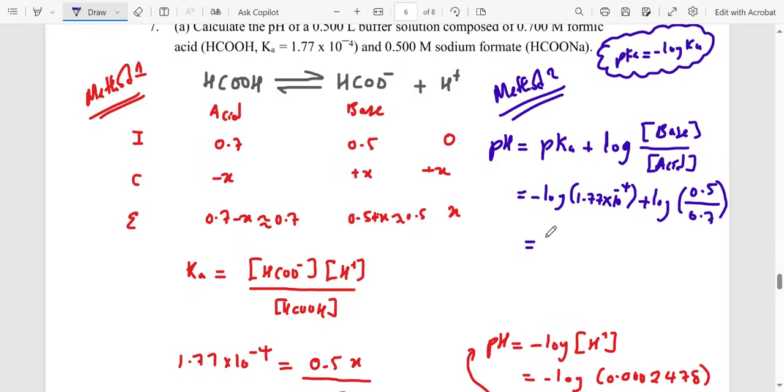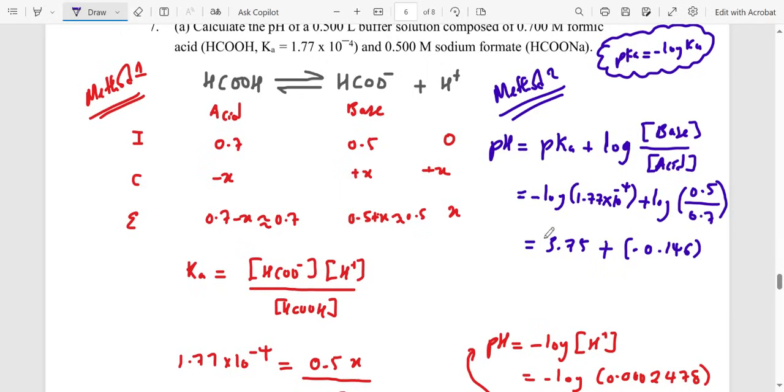So if you punch negative log of 1.77 times 10 to the power negative 4, that is 3.75, and then plus log of 0.5 over 0.7, that is negative 0.146.